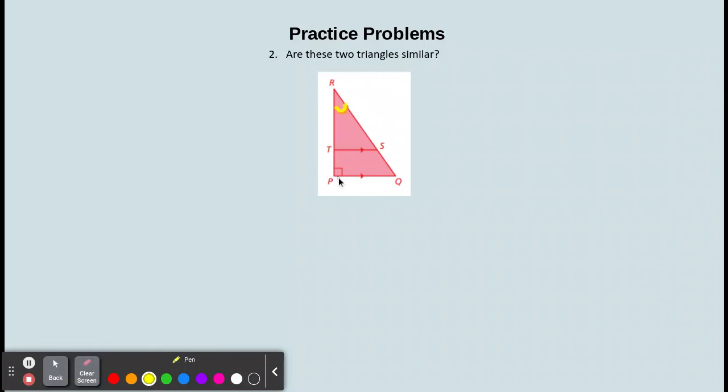And we also see that this triangle and this triangle are formed using parallel lines and two transversals, this one and that one. So using your knowledge of parallel lines and transversals, do you think these two triangles are similar?